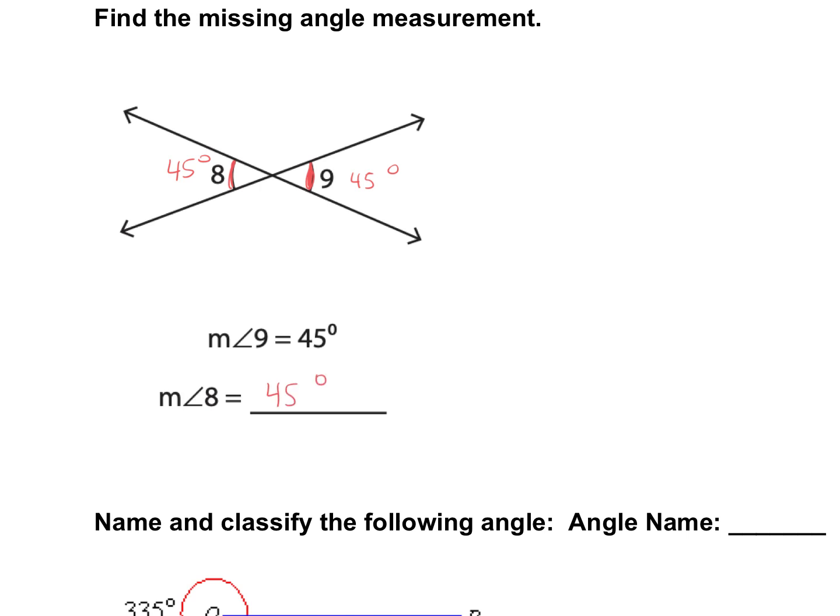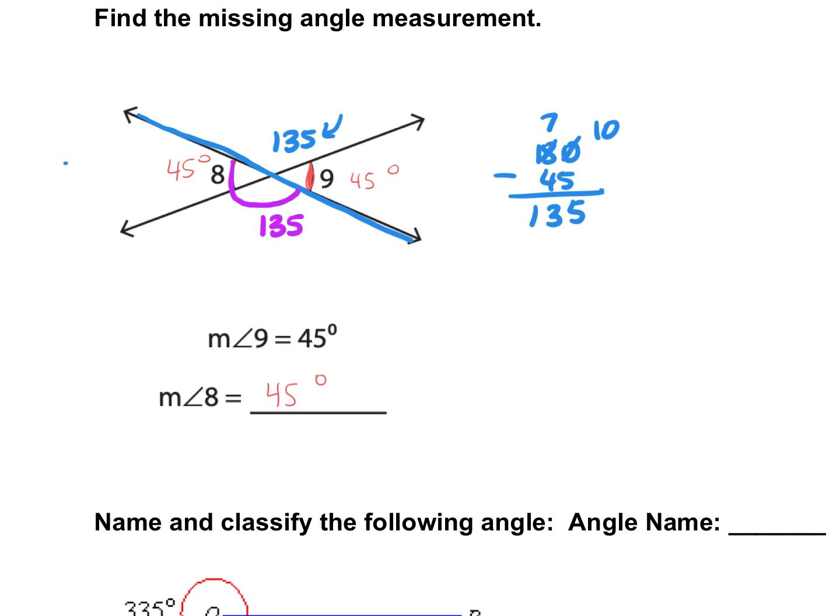The reason for that is on a line, there are 180 degrees. So if we did 180 minus the 45, we get 135. And then if we look at our line the other direction, 45 plus what equals 180, 135 degrees.